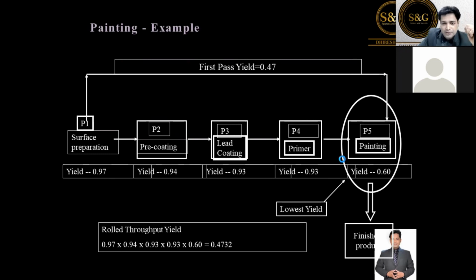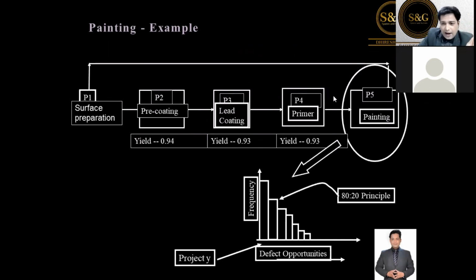Then we identify what are the defects which are coming in painting. We collect the data in painting only. So उसमें से जो lowest yield वाला area, which is painting, we identify that, we take out data from that, and then जो पैरेटो में पहले 20% आएंगे वो हमारे प्रोजेक्ट्स होंगे.